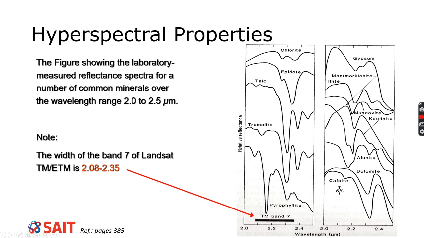But if we can get every single band, with a much narrower bandwidth, then we can start drawing these graphs and identifying which is which. Calcite and dolomite have generally the same curve, but there's one tiny difference, and that tiny difference might be the most important one and show us what we need.